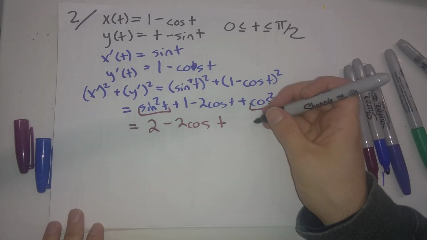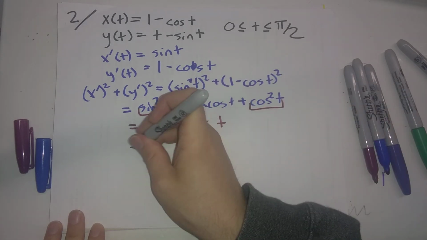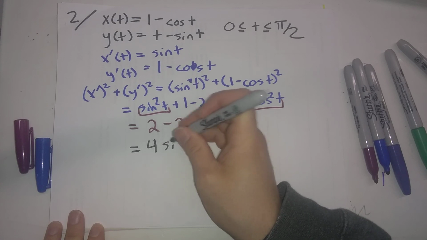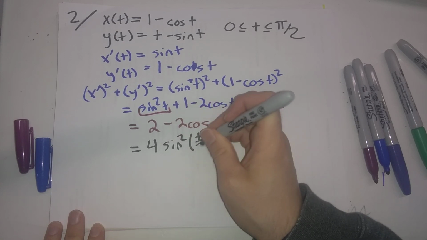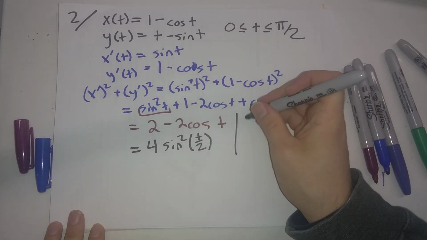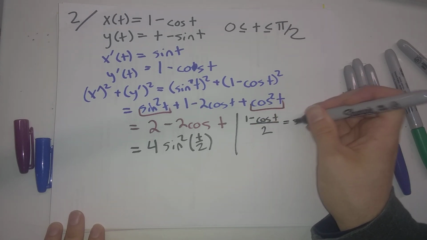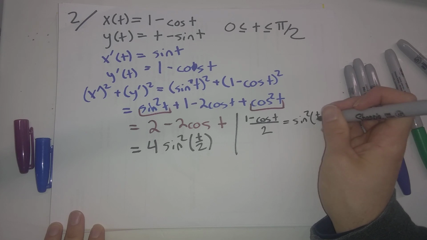Now, a little trig identity here. This is equal to 4 times sine squared of t over 2, because 1 minus cosine of t divided by 2 is equal to sine squared of t over 2.